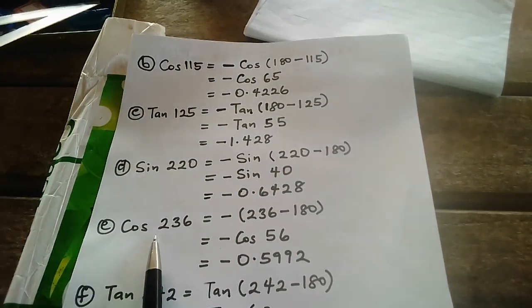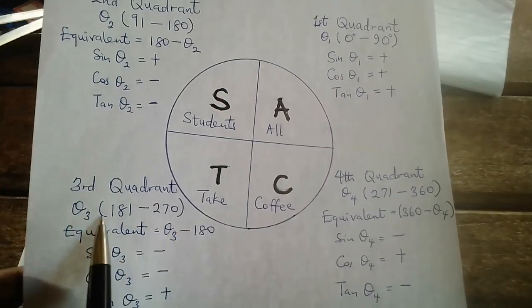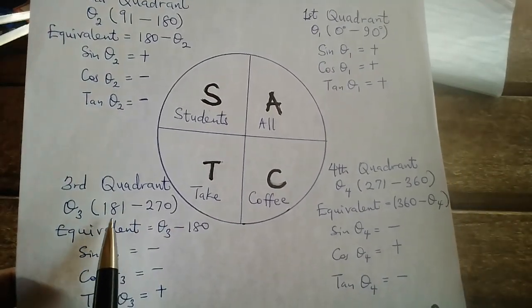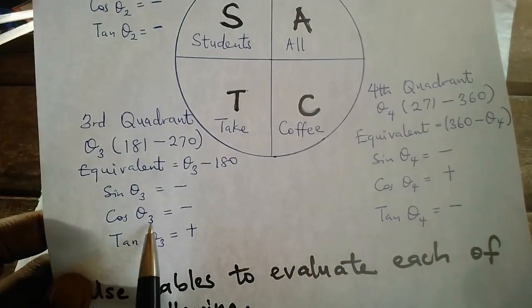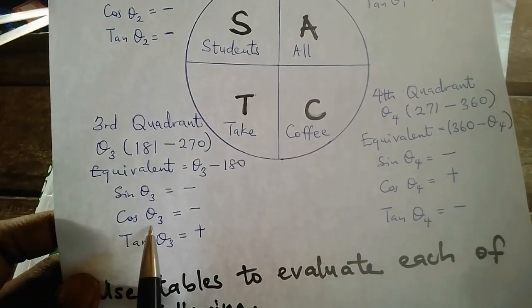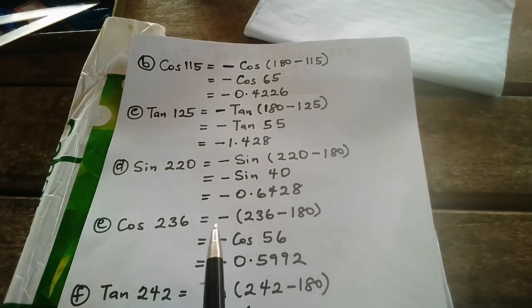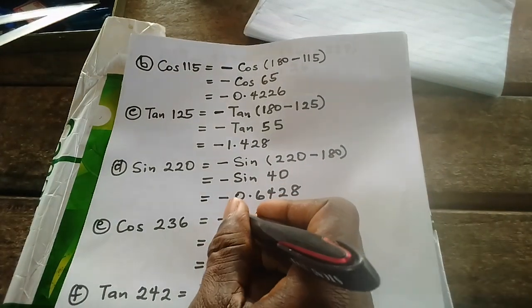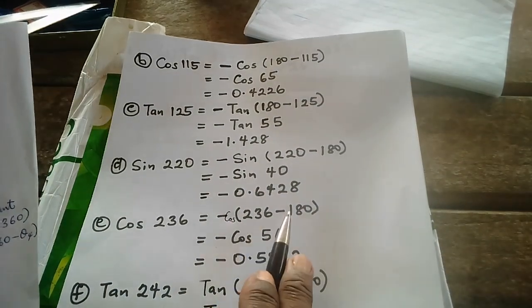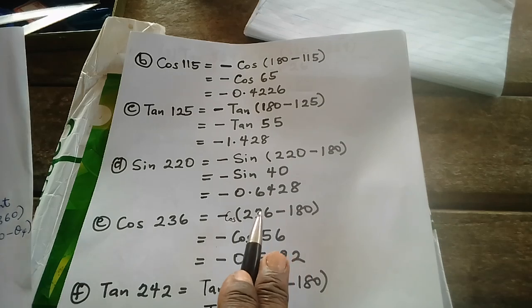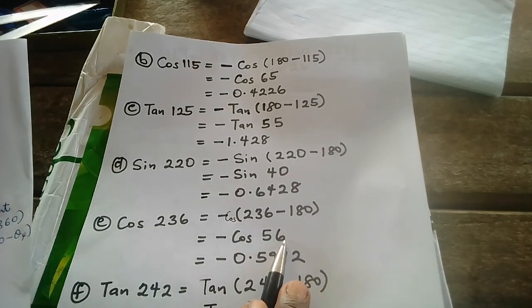Then E, we have cos 236. 236 is in the third quadrant, and since it is cos, in the third quadrant cos is negative. So that is having a negative sign here. Then that means you now have cos 236 minus 180. 236 minus 180 is 56.